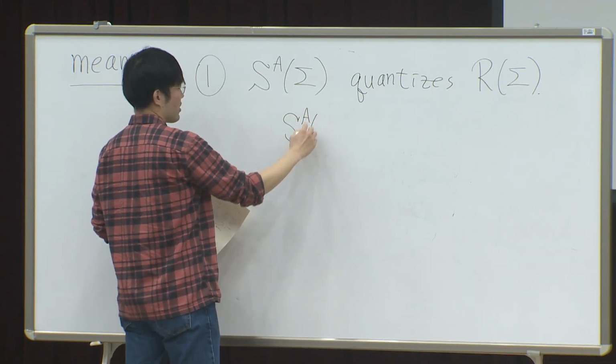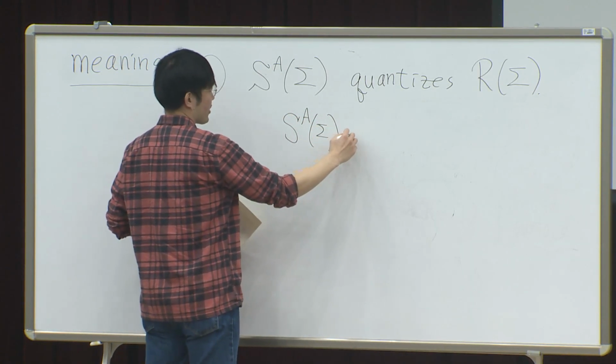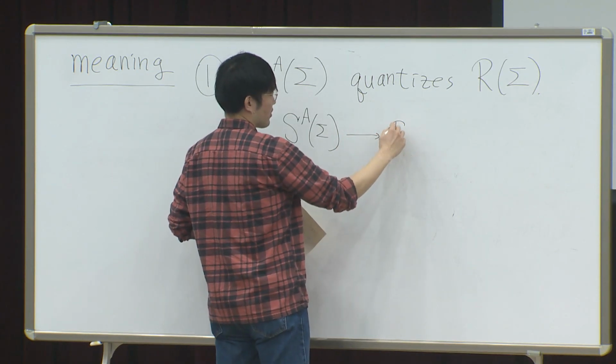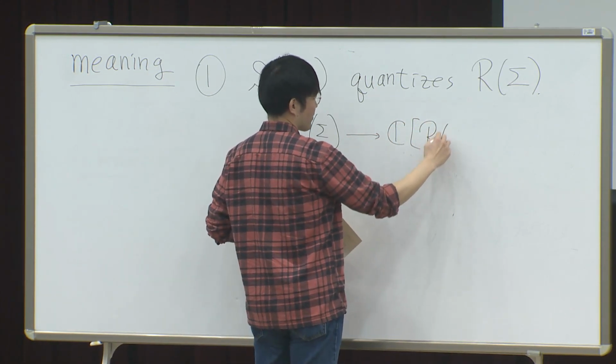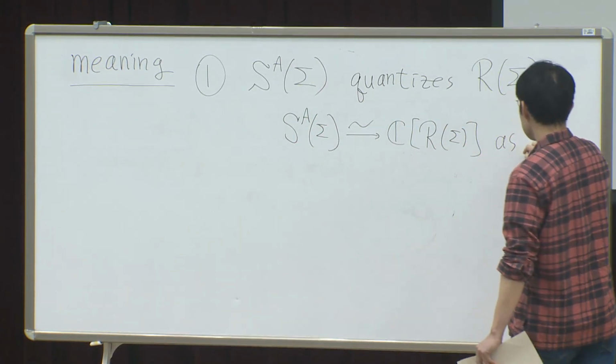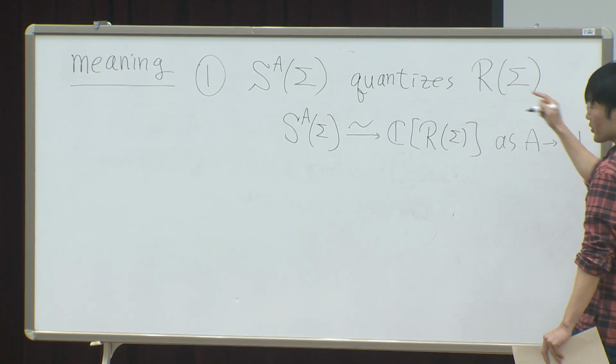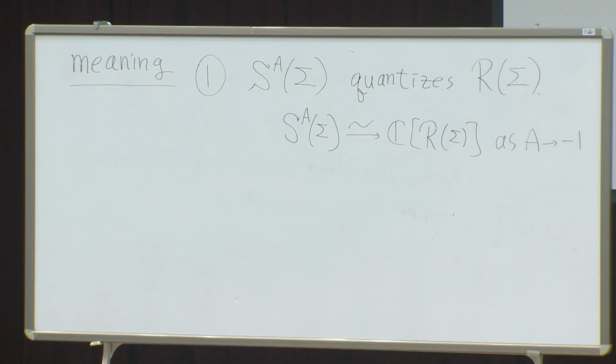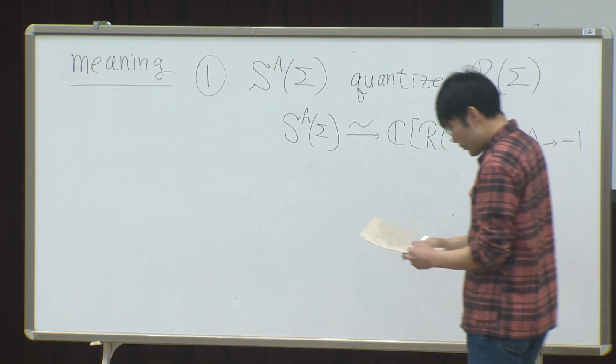So this recovers the algebra of regular functions that we have seen before, isomorphic, as A goes to minus 1. So you just put A equals minus 1, then the algebra is isomorphic to that same algebra as before.